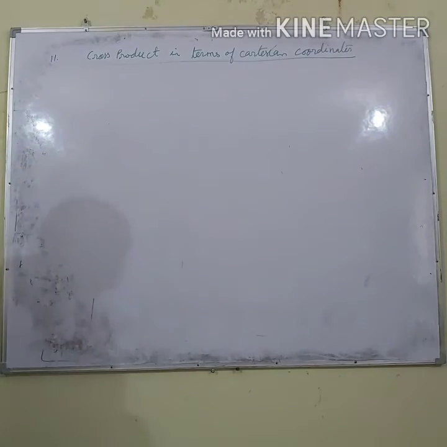How can you represent the cross product in terms of the Cartesian coordinates?